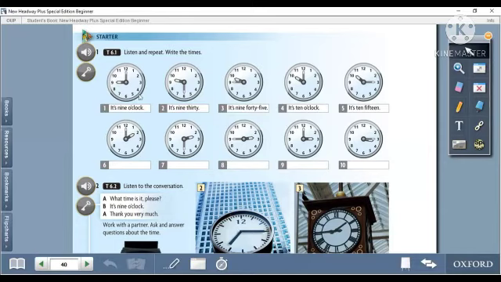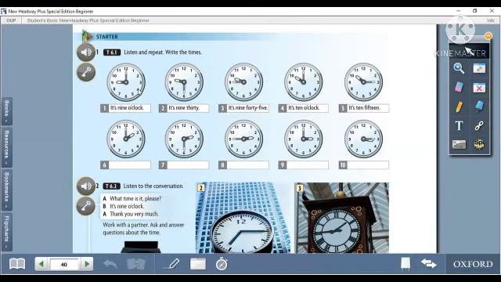As you see now, we have the face of the clock. We have here numbers. These numbers are hours. Okay. We have 24 hours, okay, every day. 12 hours in the light day, and the second 12 hours in the dark.